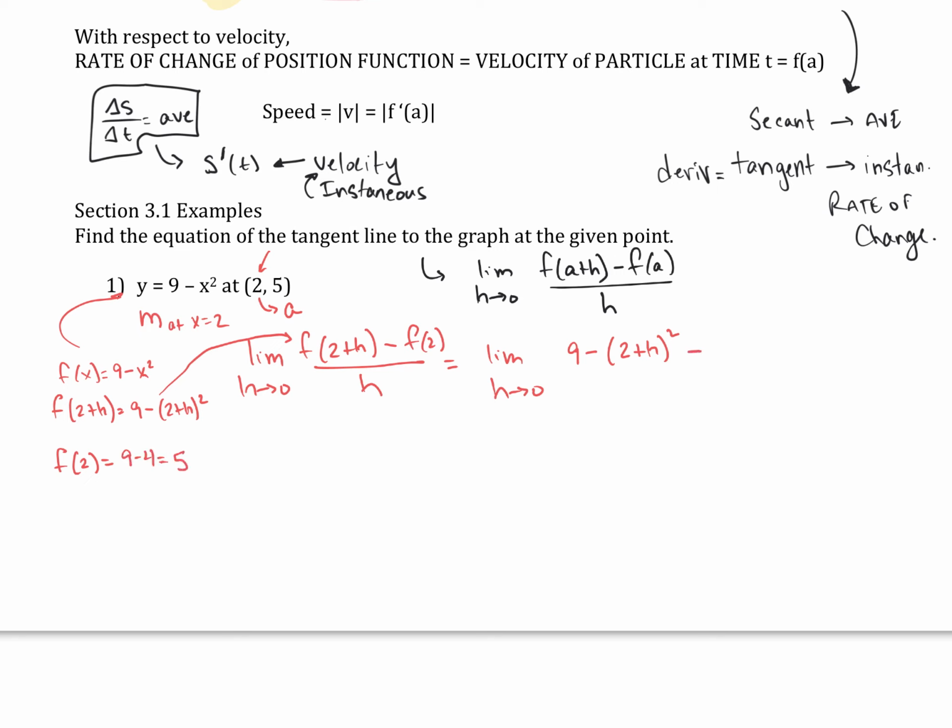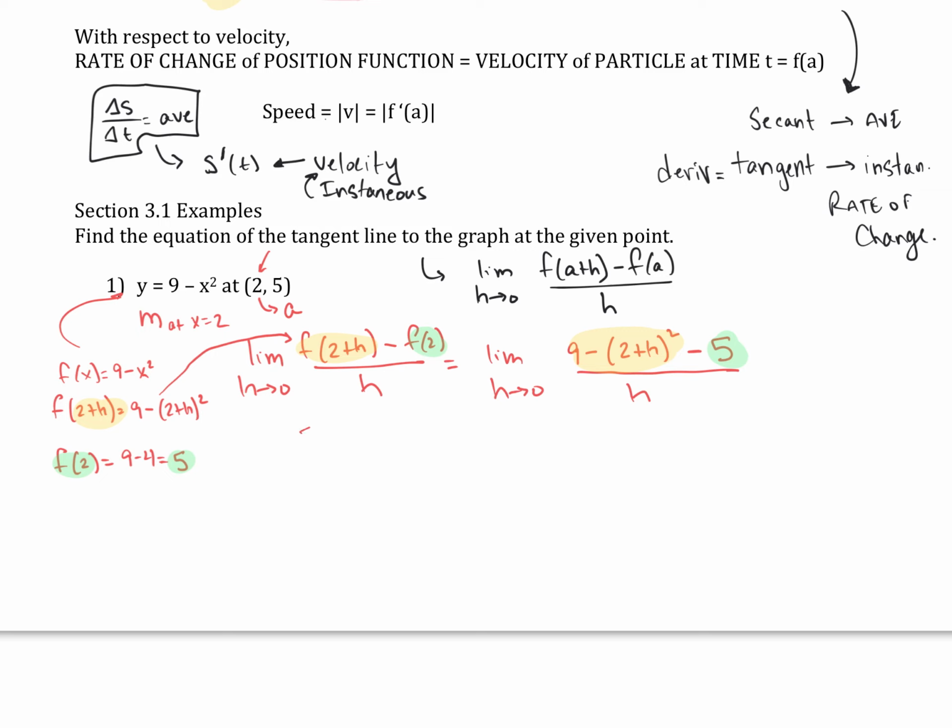So this would be minus 5 all over h. Let me highlight again how I got these. 2 plus h, right here, that's what this came out to be. And then f of 2, that's what that came out to be. So I substituted those in from the equations that I got.